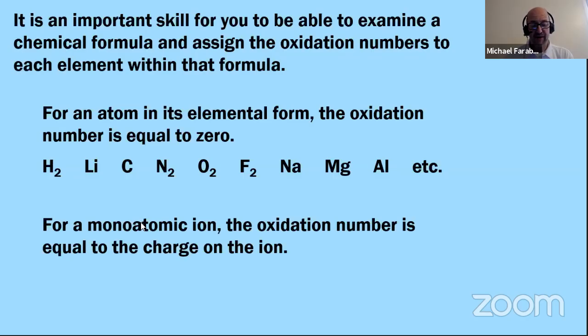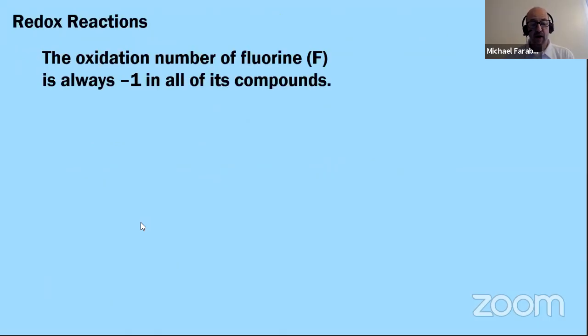For a monoatomic ion, the oxidation number is the charge on the ion. So nitrogen in this case is -3, oxygen -2, fluorine -1. These are all monoatomic ions, +1, +2, +3, etc. Now, for a compound, fluorine, being the most electronegative element on the whole periodic table, is always -1, no matter what it bonds with.